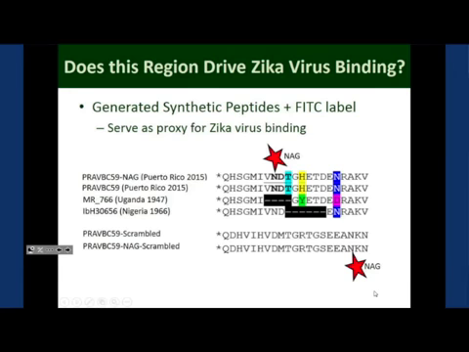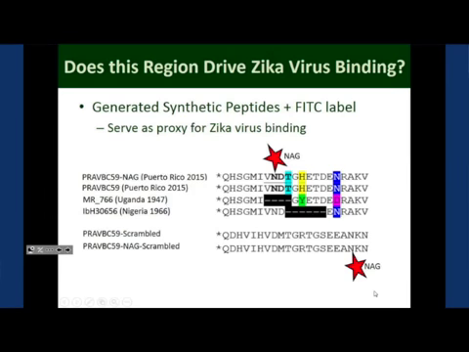Then we also made the same sequence, Puerto Rico 2015, but did not put a NAG on it, so it's just naked. And then we synthesized the type strain from Uganda, and then we synthesized another strain from Nigeria from the 60s that had some deletions in it that we thought might be interesting.